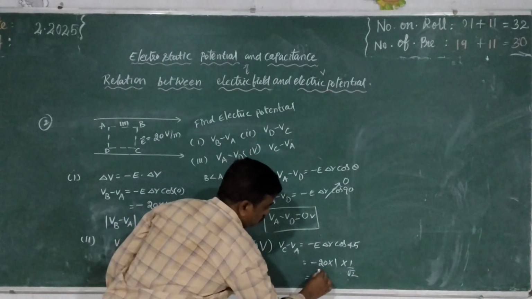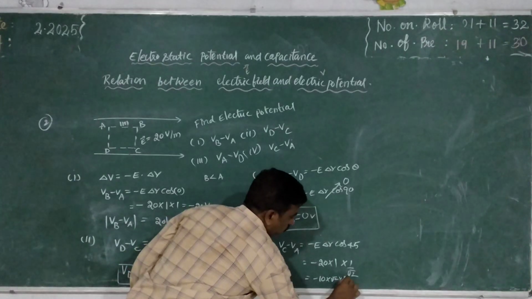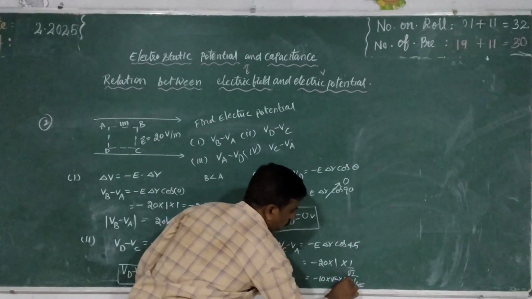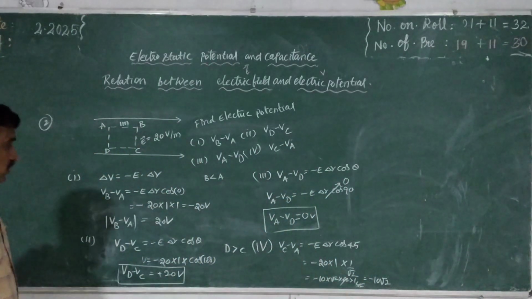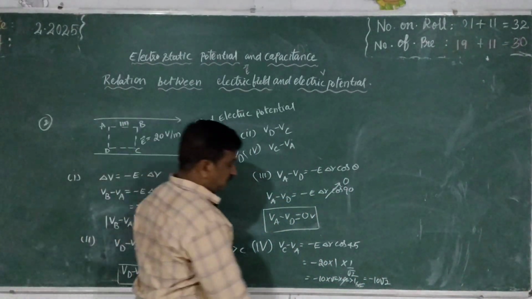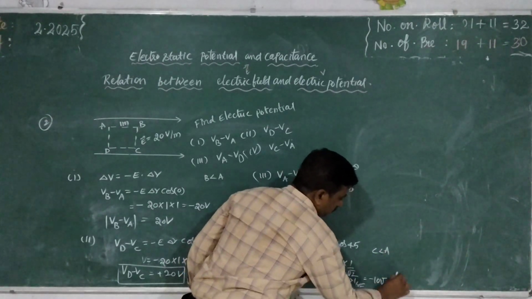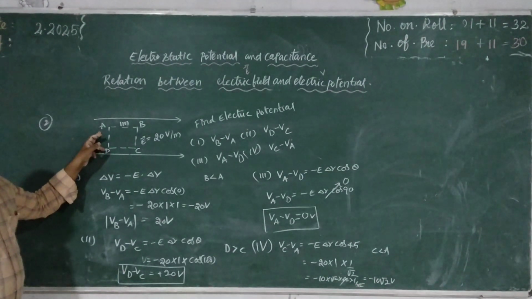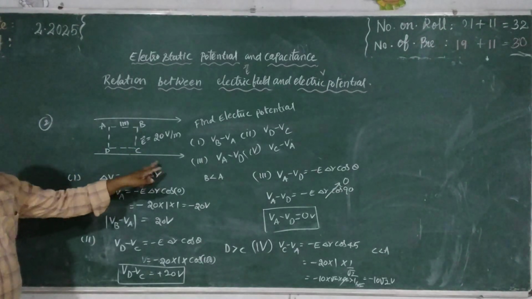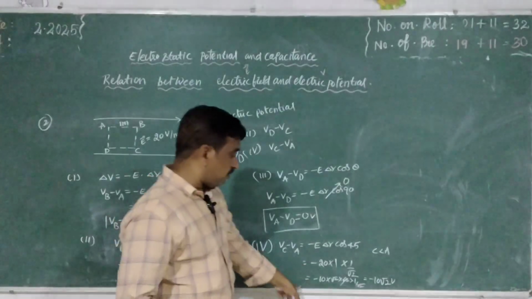We can write this as 10 into root 2 into root 2 into 1 by root 2. Root 2 cancels, so we get minus 10 root 2 volt. C is less than A: C is the minimum potential and A is the maximum, since potential decreases along the electric field. Minimum minus maximum gives negative.